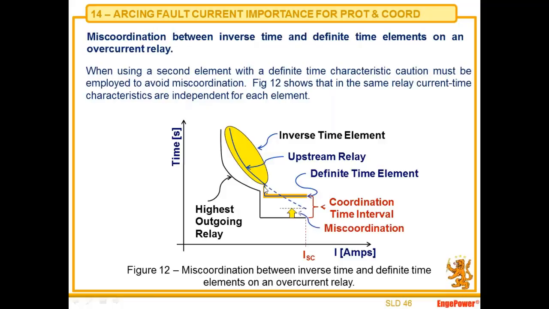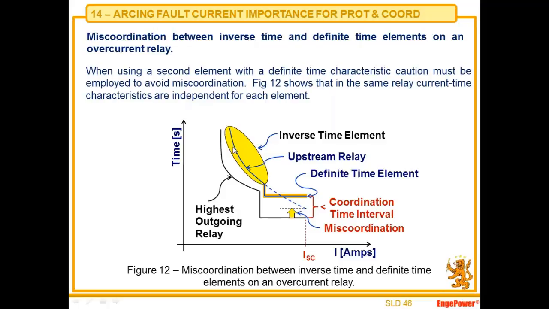But in the actual world, this element will continue counting the time. So the coordination time interval is not enough anymore, because with this trip time, both may trip and you may have a miscoordination. EasyPower prepared for this.